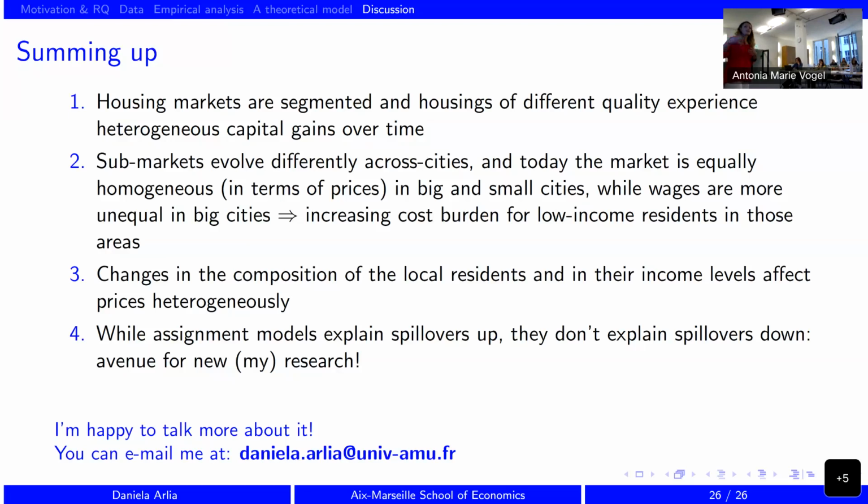One idea for extension of the model would be to include endogenous supply, to understand how the type of housing supply varies based on the type of local residents. So a supply of housing which reflects the preferences of the local residents. And this is it. Thank you for listening.